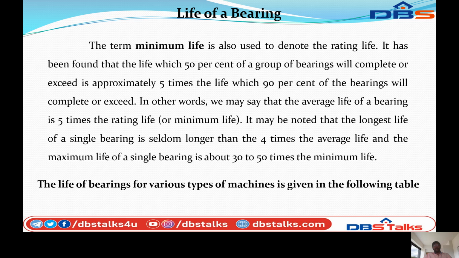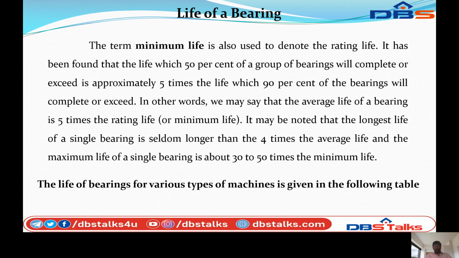The term minimum life is also used to denote the rating life. It has been found that the life which 50% of a group of bearings will complete or exceed is approximately 5 times the life which 90% of the bearings will complete or exceed.